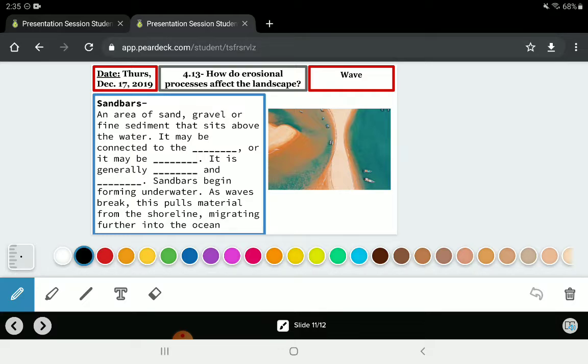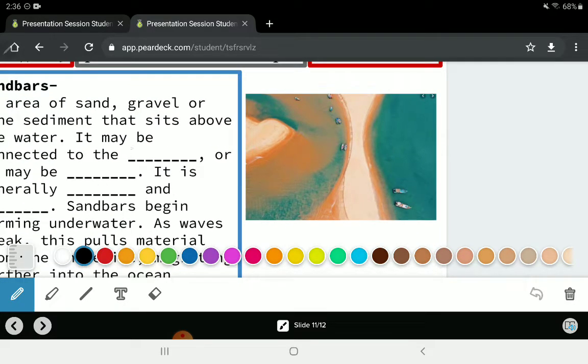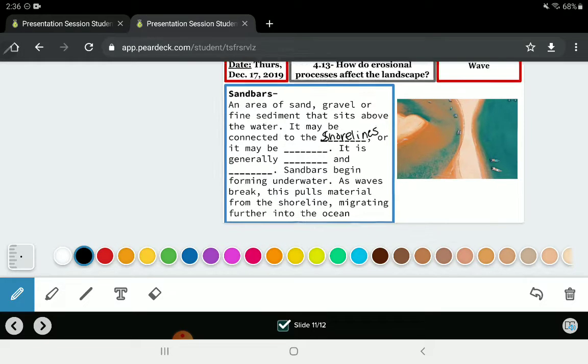Sandbars. Sandbars are an area of sand, gravel, or fine sediment that sits above the water. It may be connected to the shorelines, or it may be offshore. Sorry, it was written terribly.